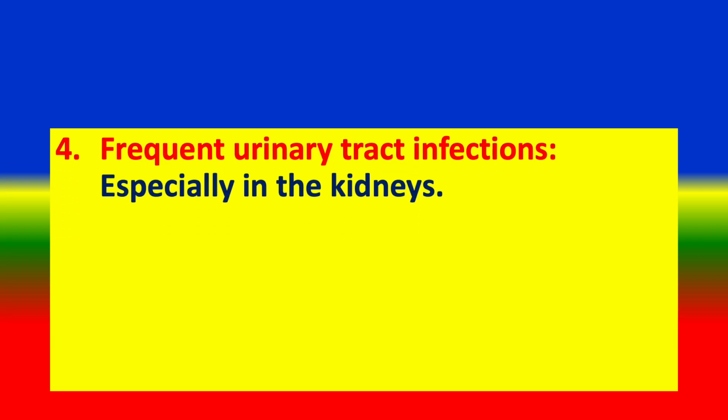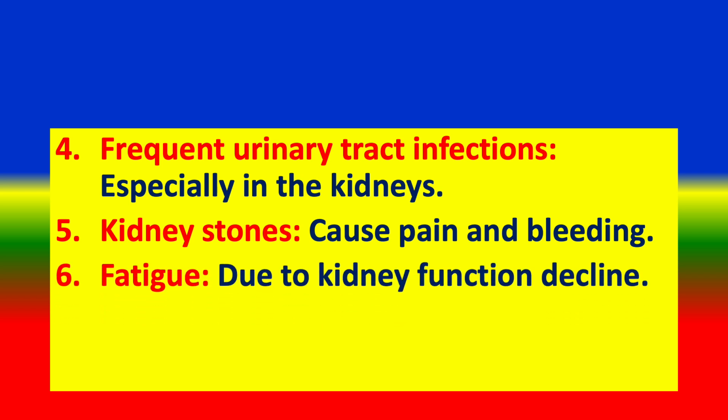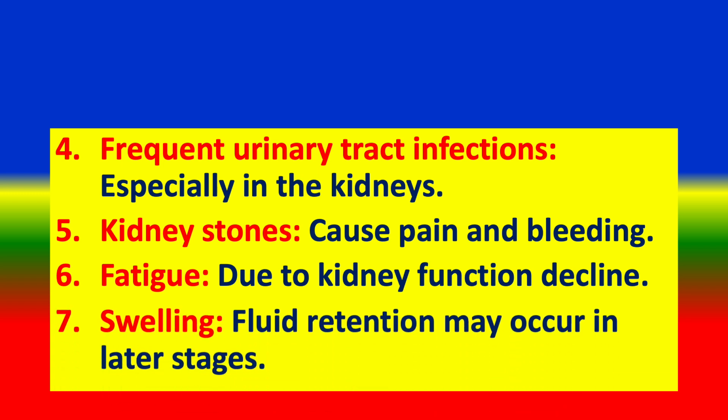Frequent urinary tract infections, especially in the kidneys. 5. Kidney stones cause pain and bleeding. 6. Fatigue due to kidney function decline. 7. Swelling, fluid retention may occur in later stages.